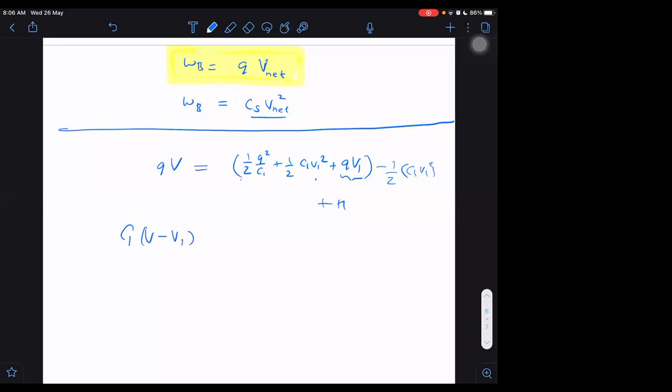That was Q, and that multiplied by V is equal to half of Q square by C1 plus half of C1 V1 square plus Q into V1.